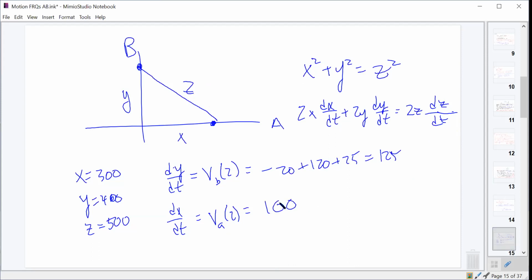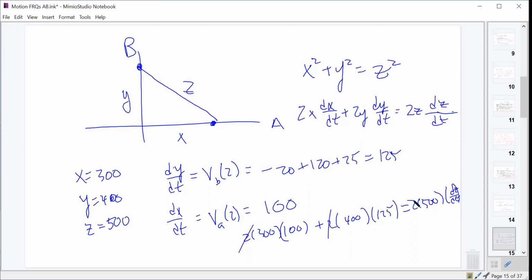And we'll just plug everything in. So 2 times 300 times 100 plus 2 times 400 times our dy/dt, which was 125, equals 2 times 500 times what we're looking for.